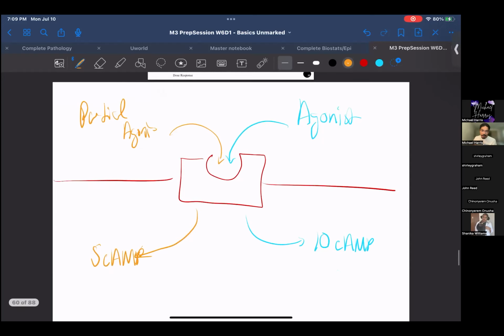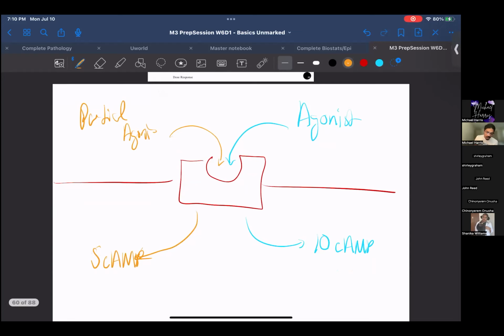What do you think will happen if partial agonist binds pertaining to efficacy? How well the drug works. Will it have a higher efficacy or a lower efficacy?